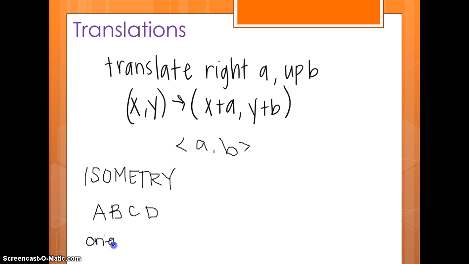All of those properties are preserved after we translate a point or a figure. We talked about compositions of transformations, and we would represent our translation with a capital T. And remember, wherever we're translating it would be somewhere down here in the bottom. So you probably have a vector form, and it would be written as a subscript.